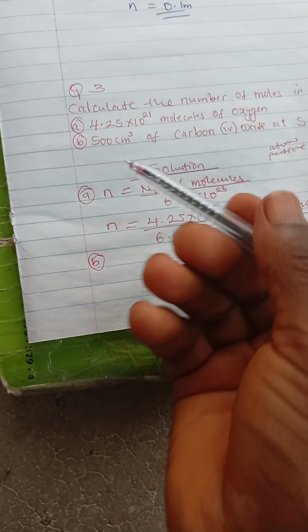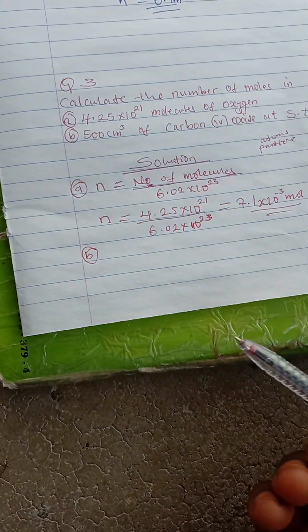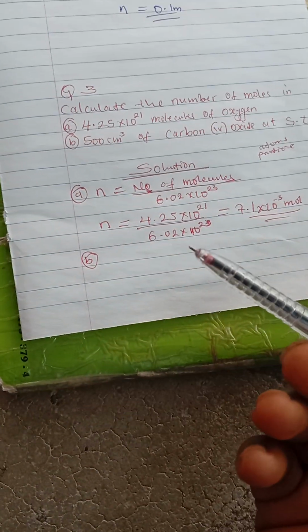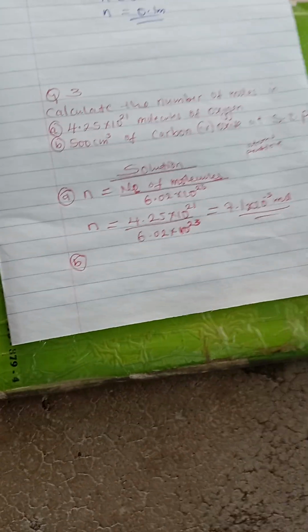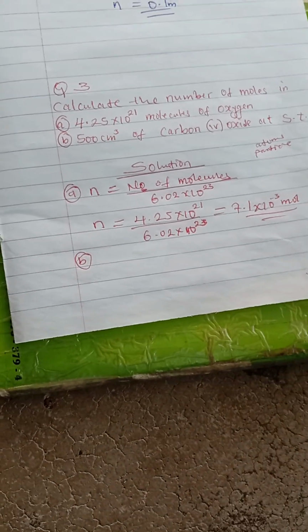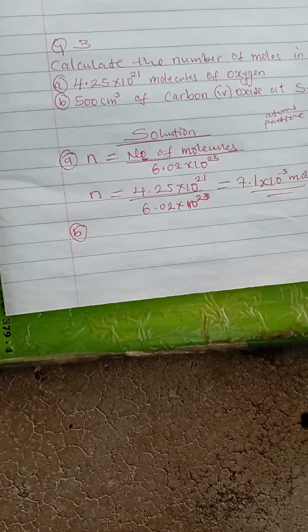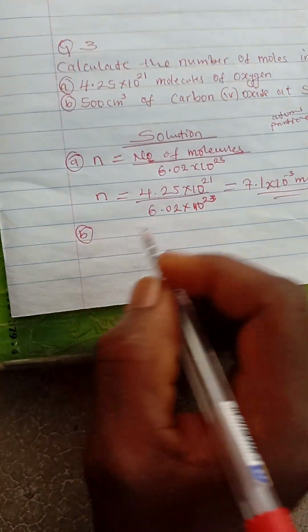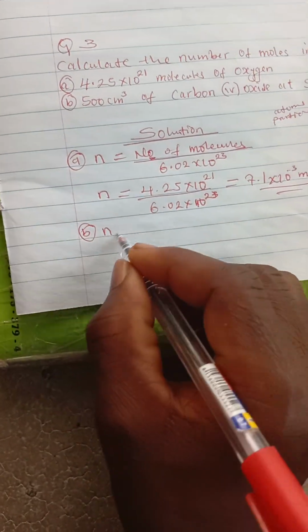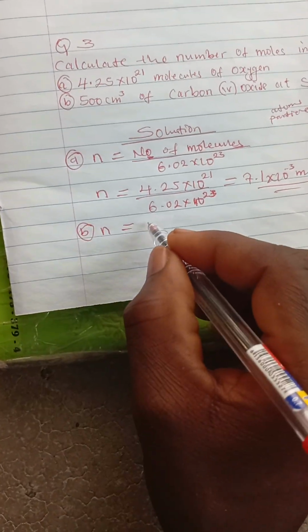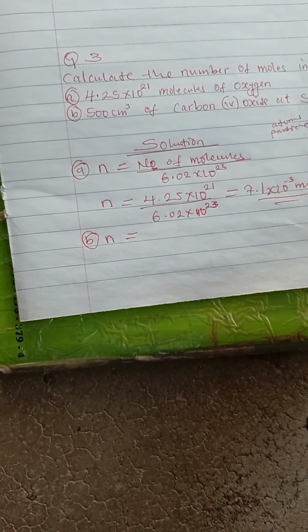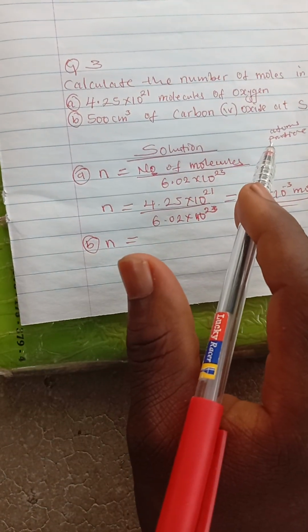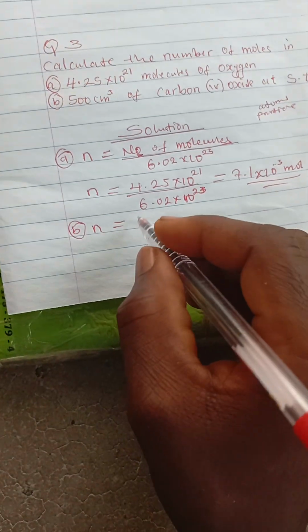If you look at the B part, it is almost similar to that of number 2. It says 500 centimeter cube of carbon dioxide at standard temperature and pressure. Let's look at it again. What was the formula given to us? We are dealing with volume, as I said before.